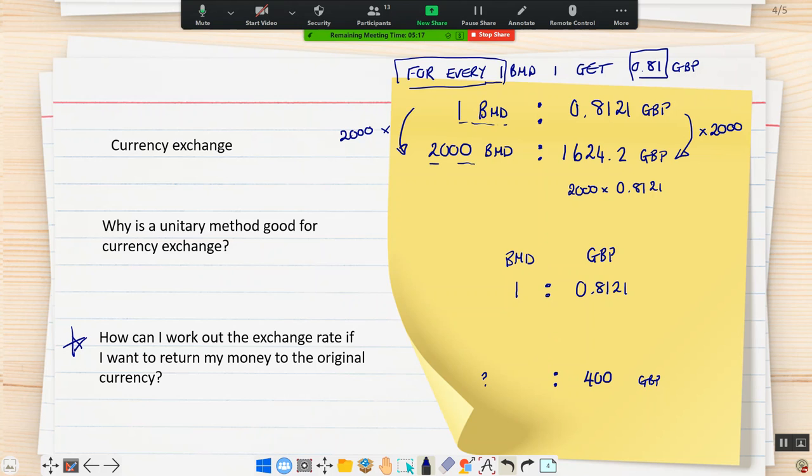Anyone have an idea how to do it? What I would want to try and do first off, which is what I guess you were trying to do, is work out the unit ratio the other way, that would be great. So I want one British pound and to figure out how to get that many dollars. So what do I do to get from 0.8121 to 1? Any ideas?